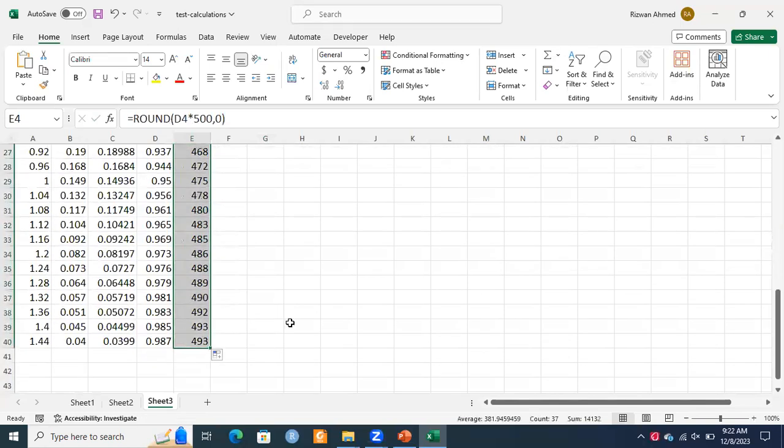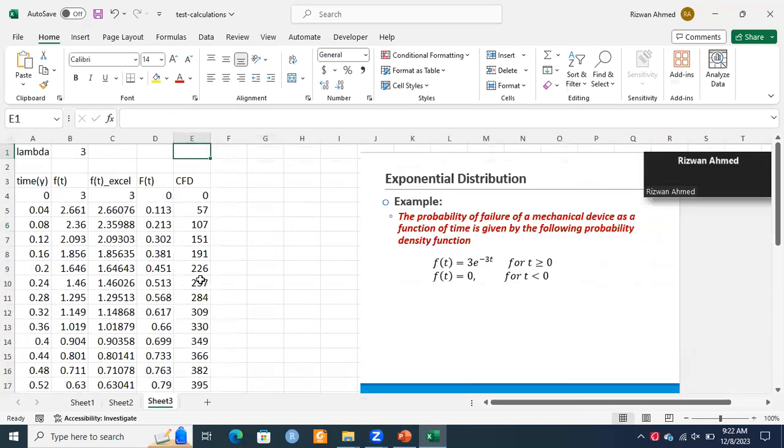So it says that with this distribution, we'll have random 57 out of 500 fail within the first interval. Then from this to this one, you have further components failed, and then you have further components failed, right? So 107 components will be failed up to 0.08 years, right?